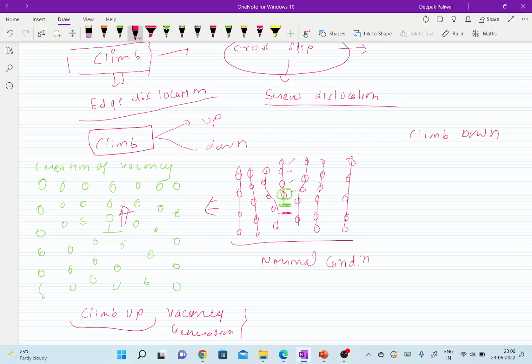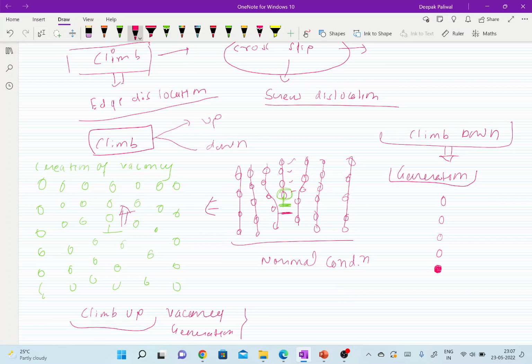So here this climb down is because of the formation of, or there is some interstitial atom that comes at the vacant position in the missing half plane. What does it mean? Suppose this is 1 2 3 4. Again, one interstitial atom comes just below the fourth atom.